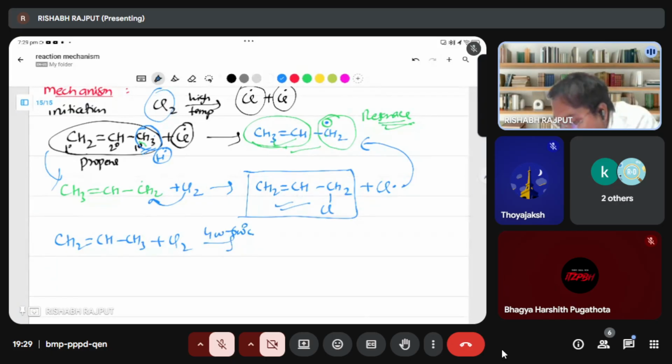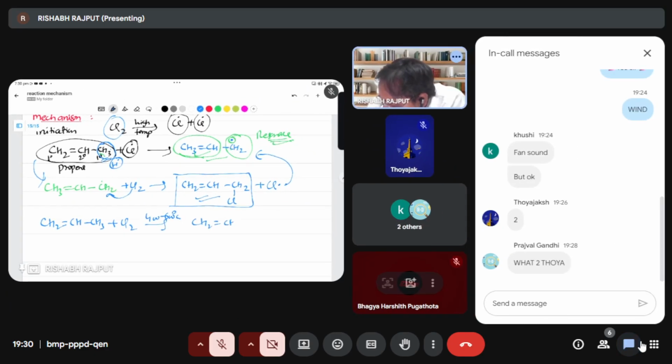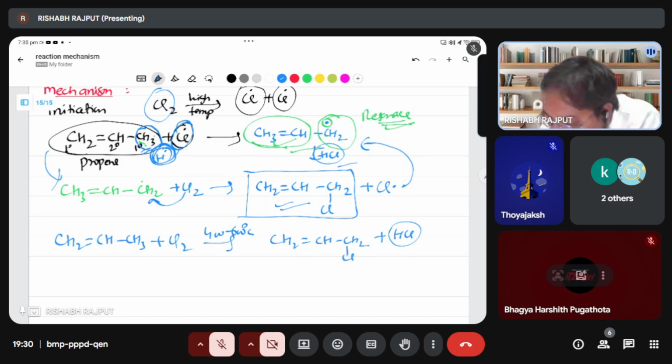Again this chlorine will react with the compound, and this chlorine will again do the same thing, and in the last you will get HCl. Because this chlorine free radical will take one hydrogen from here, the free radical hydrogen, both are making HCl here. So this HCl you will get as a byproduct.